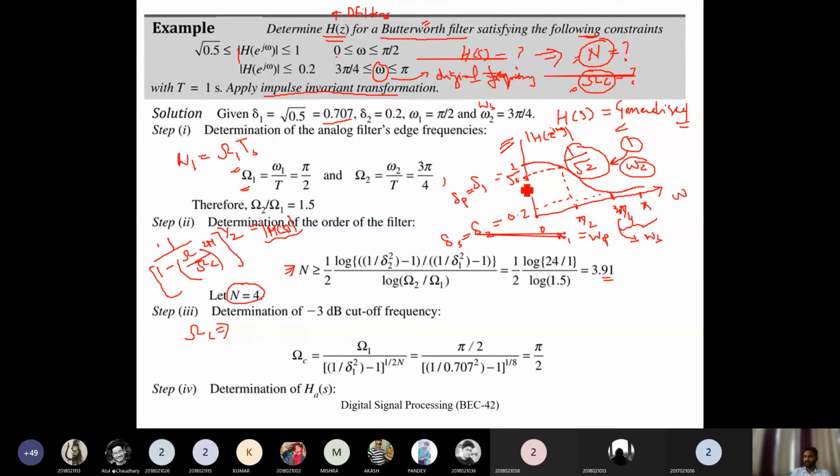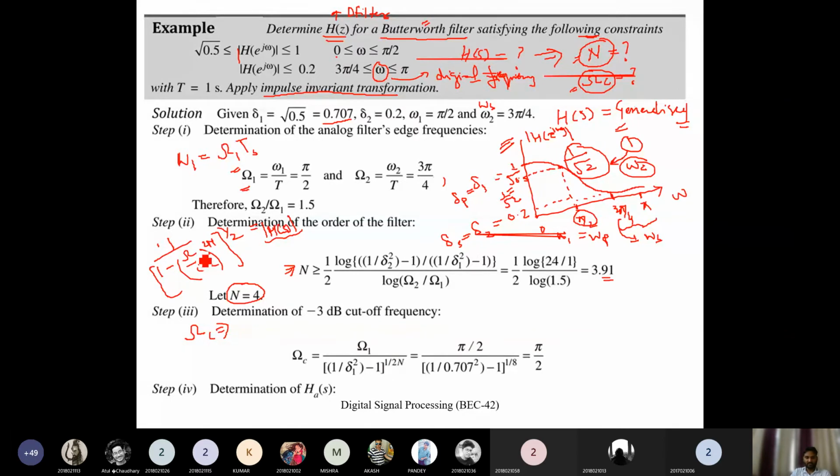Okay, so under root 0.5 is written, we convert it, then it becomes 1 upon under root 2. That means the cutoff frequency will be the same as the passband frequency. We will denote this frequency as omega 1.